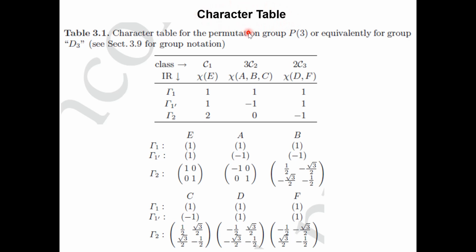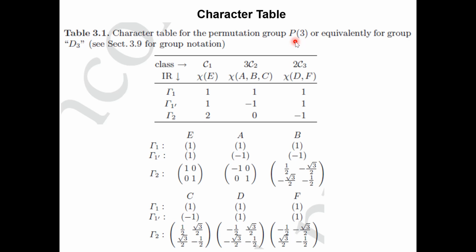So the character table is a way to display all the characters of a given group for each class. In each column you have the different classes, and in each row you have the different irreducible representations of the group. I'm giving you this example based on the group P3, the permutation group of three objects that we discussed last time.